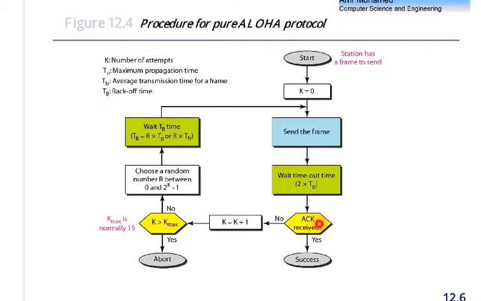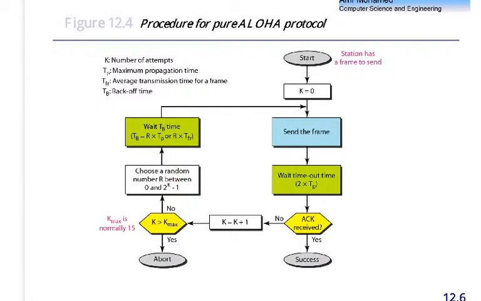So if the acknowledgement has been received, we reach the success stage. Otherwise, we increment the k value by 1, and we perform the back-off procedure.